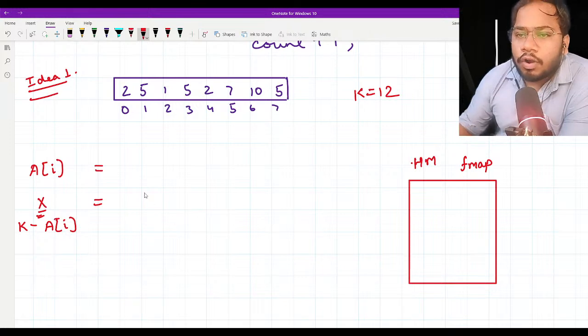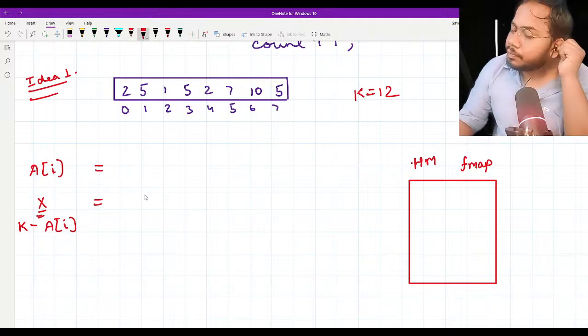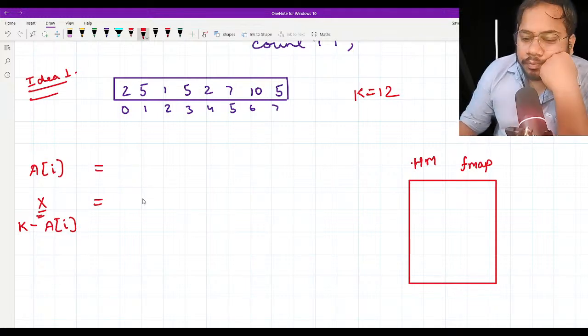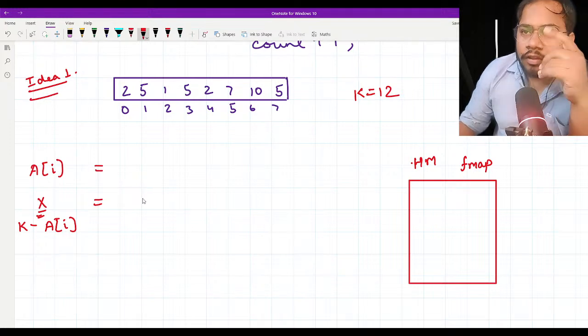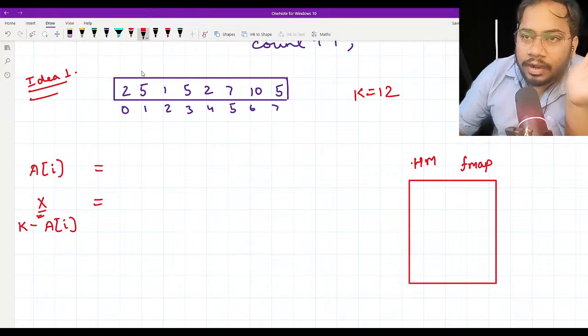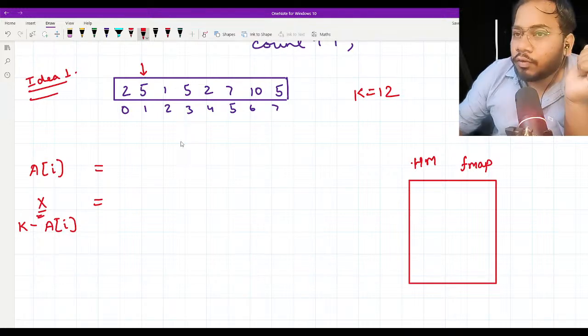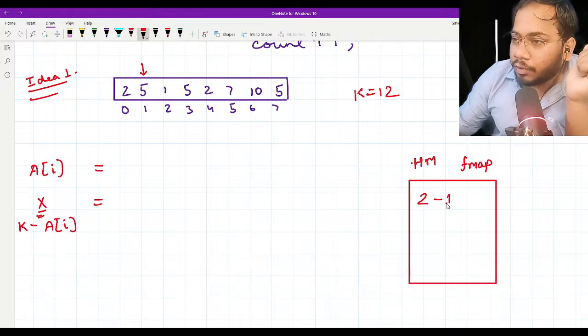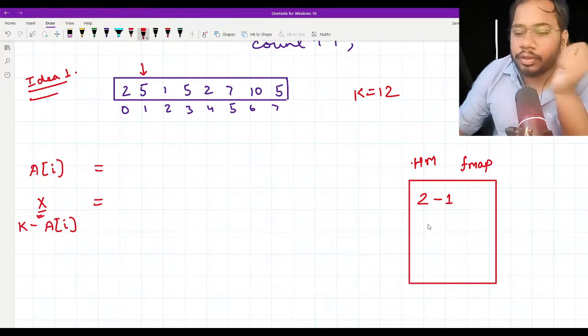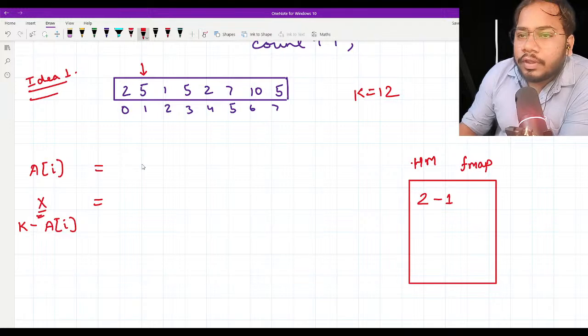So initially, we have decided that we will start from here. Let's put this 2 in the frequency map. If initially a of i is 5, what is x?